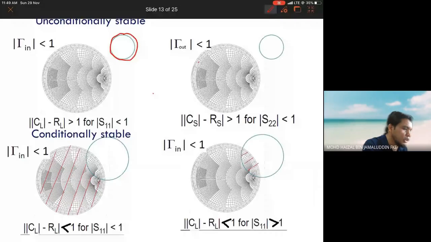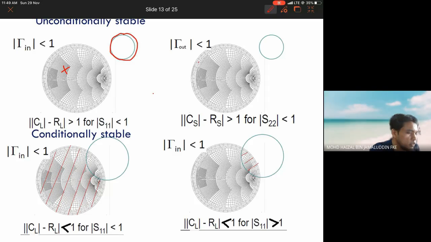Let's say I choose here, where gamma in will be less than 1. Everything inside the Smith chart is less than 1, so the amplifier can operate properly within this area.